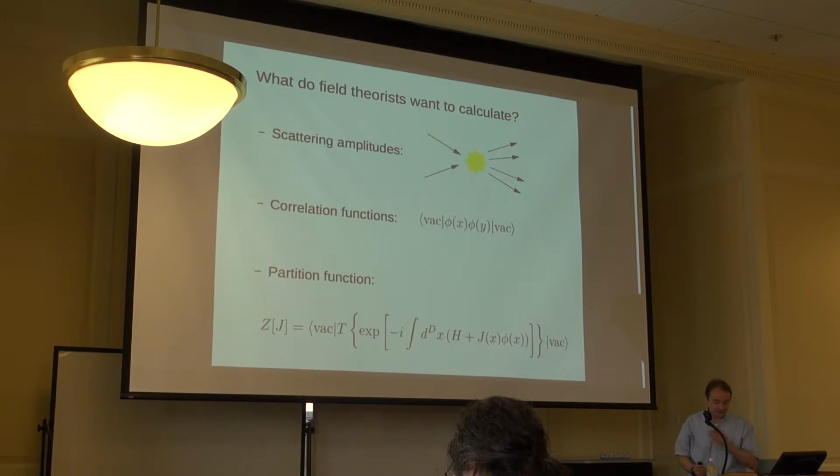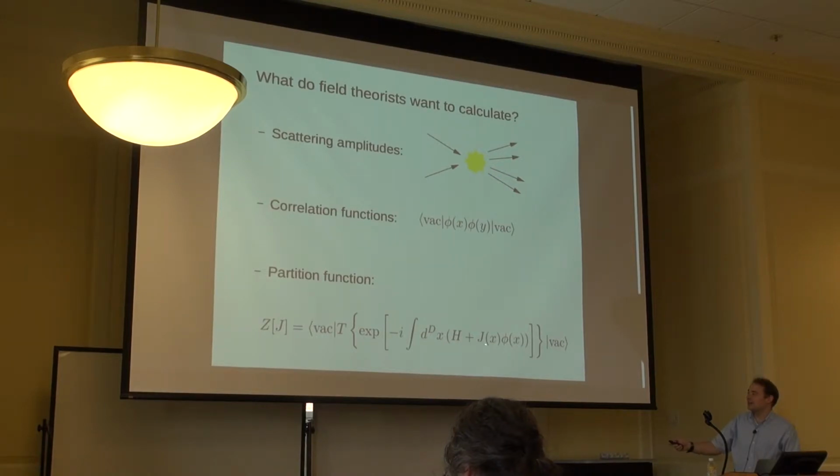And a third one, which people commonly do, is the partition function, where you are again sandwiching some operator between vacuum states, but this operator is really a time evolution operator. So you have the Hamiltonian of your theory plus some source term in here.